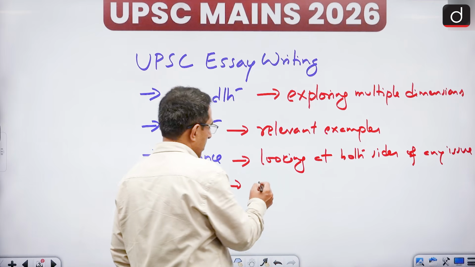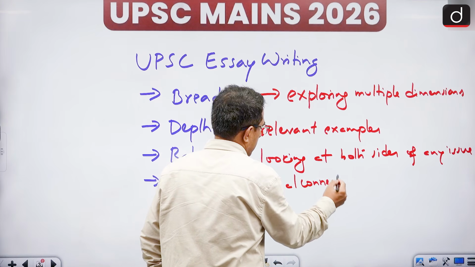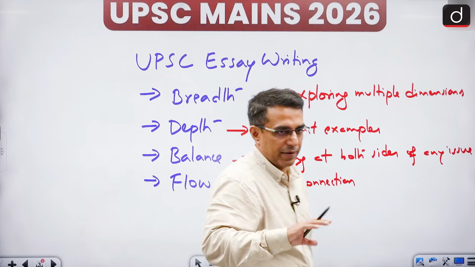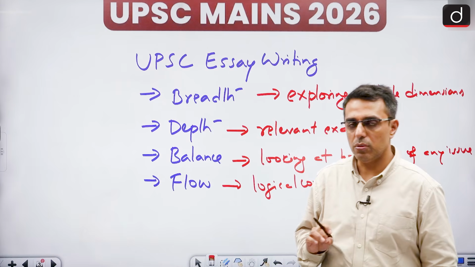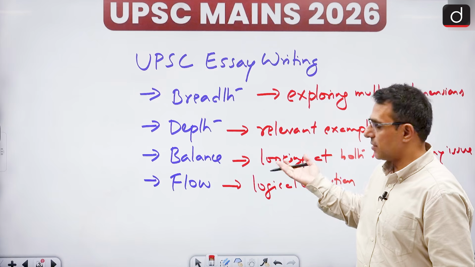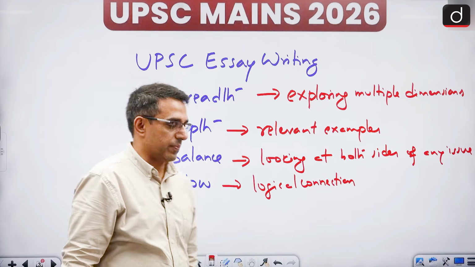So there should be logical connection between the paragraphs to maintain a narrative. So this is what we need to keep in mind, and once we maintain the breadth, depth, balance and flow in our essay, then we can fetch decent marks in the essay paper.